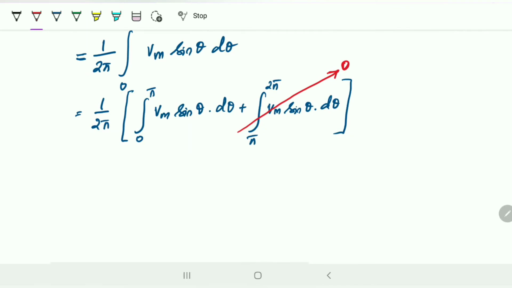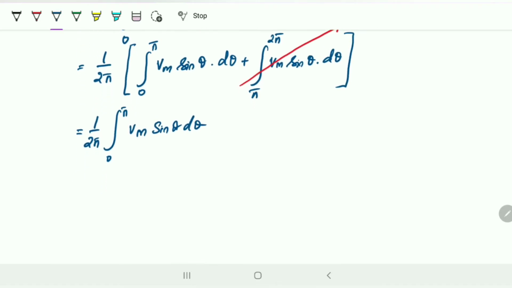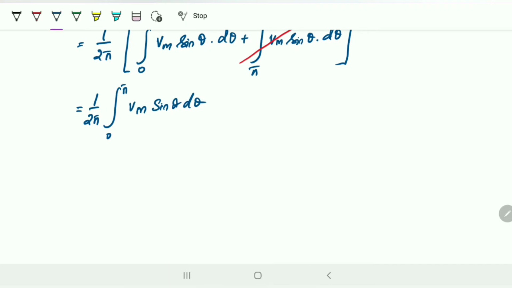So obviously your equation will be rewritten as 1 by 2 pi integral 0 to pi Vm sin theta d theta. Let me take this Vm outside, since it's a constant. So it is Vm by 2 pi, integration of sin theta d theta from 0 to pi.